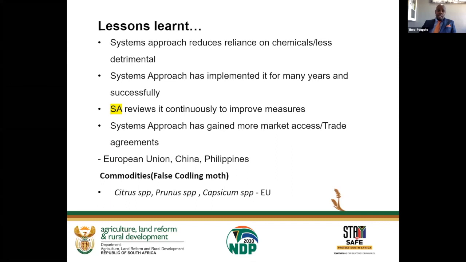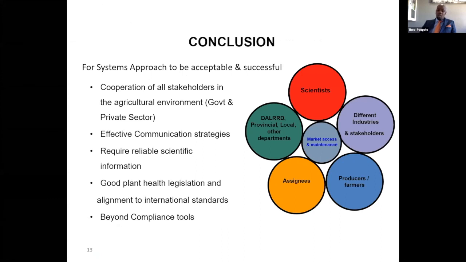And lately, you may have read or heard in the news that the Philippines is also now one of our biggest markets for citrus. At this stage, the biggest commodities on which we use the systems approach are our citrus to the EU, the prunus or stone fruit also to the EU, and the capsicum. Those three are our biggest at this stage, and we are going strong.